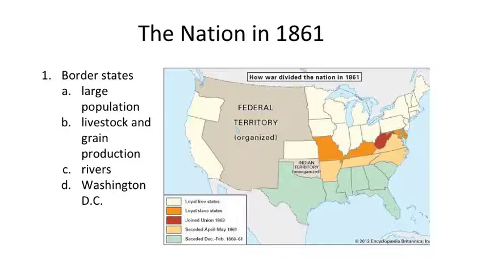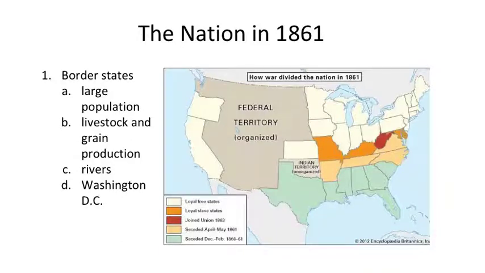This portion of the state was loyal to the Union, didn't have a very large slave population, so there weren't a lot of slaveholders in this portion of Virginia, and so they remain loyal to the Union and separate from Virginia, and in 1863 actually are admitted as a separate state of West Virginia.